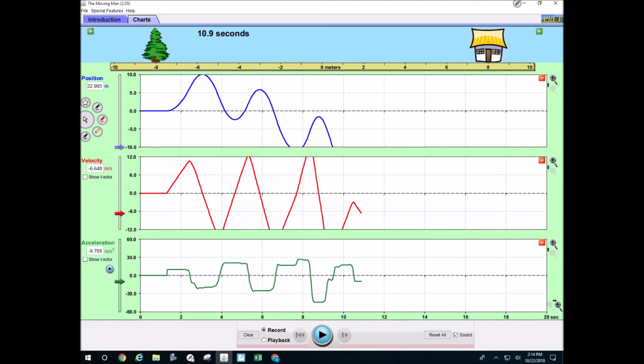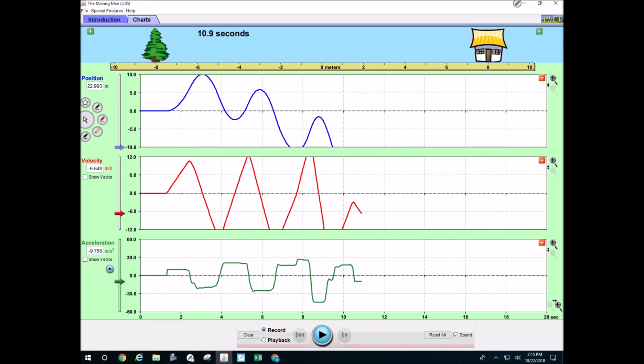Now, all of a sudden, he maxed out at a position of like 10, and he started moving to the left. Well, the slopes of my position, my velocity values right here go from positives to negatives. So I'm going to the right, then my velocity values start decreasing. I'm still going to the right. Now I'm moving to the left.